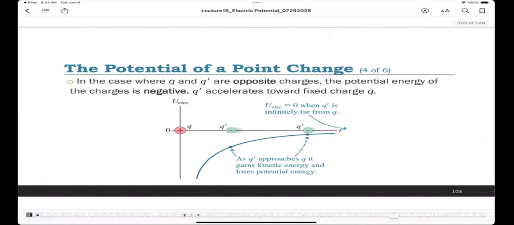Okay, let's continue to talk about the potential of a point charge. In the case where Q and Q dot are opposite charges, the potential energy of the charges is negative.